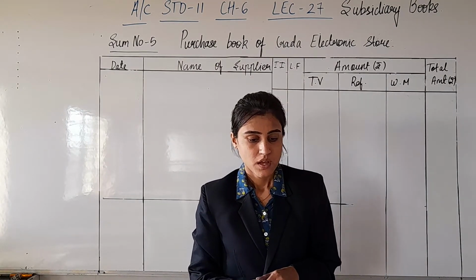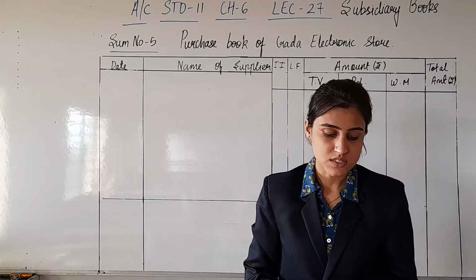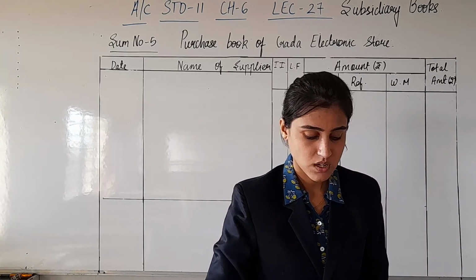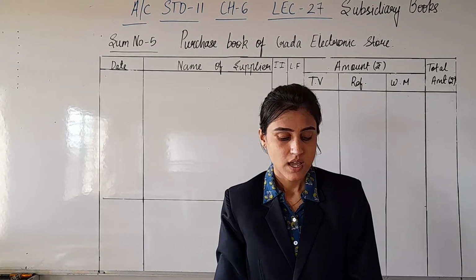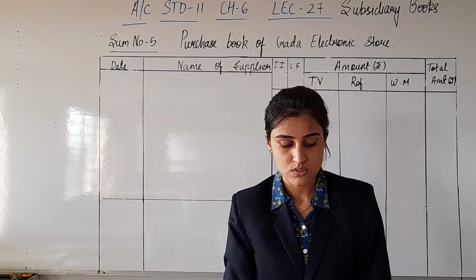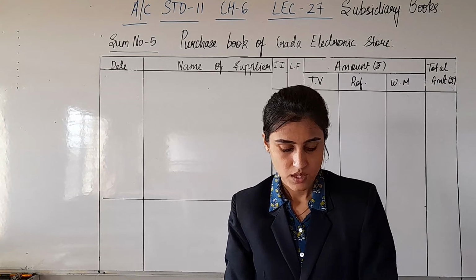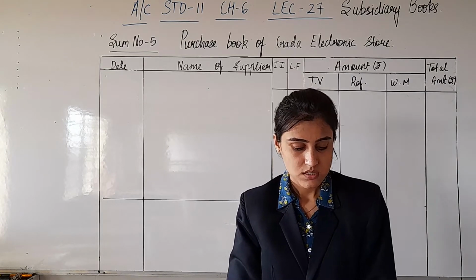Okay. Starting with the first transaction, 1st of May 2015, purchased 10 TV sets at rupees 30,000 each set, 5 refrigerators.